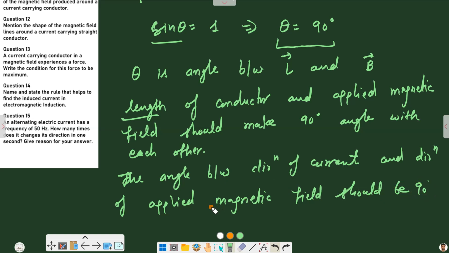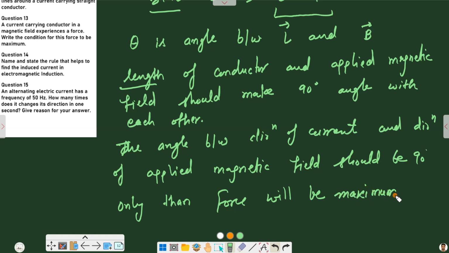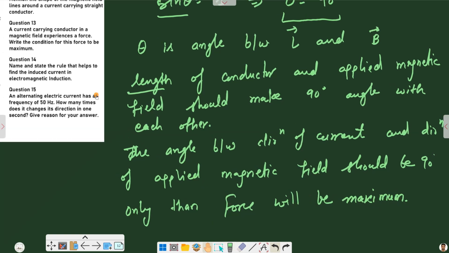Only then will the force be maximum. So this is the condition for maximum force on a current carrying conductor.